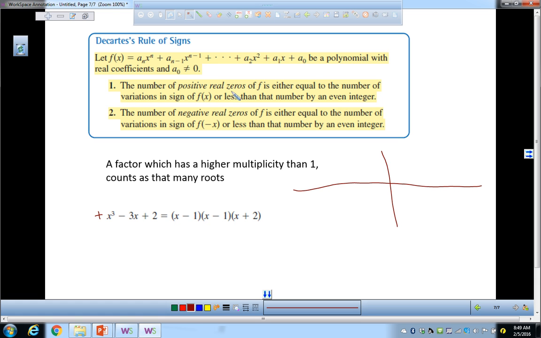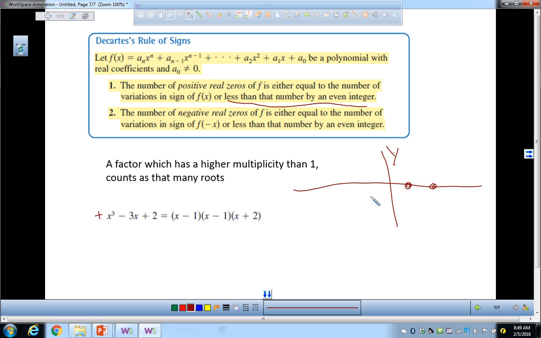The number of positive real zeros of f is either equal to the number of variations in sign or less than that number by an even integer, which means that on the right side of the y-axis, I either have 2 roots or I have less than that by an even number, or 0 roots. So if this changes sign twice, I either have 2 roots or 0 roots.